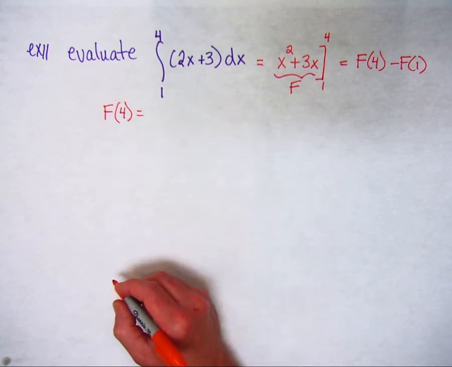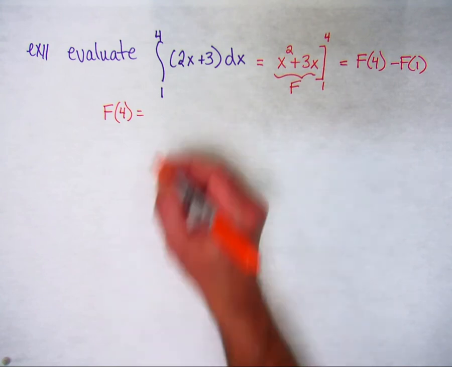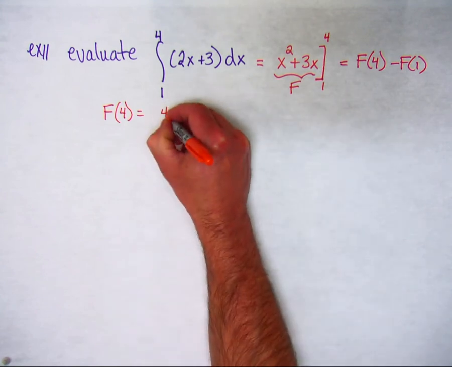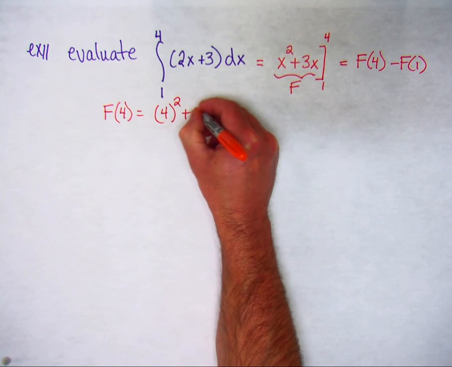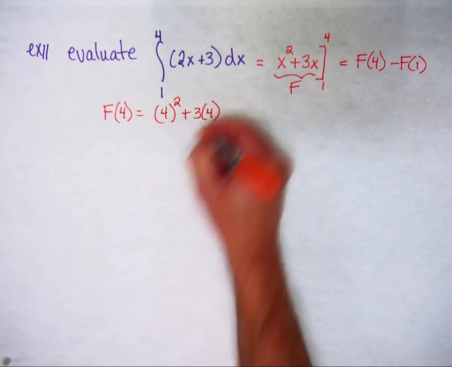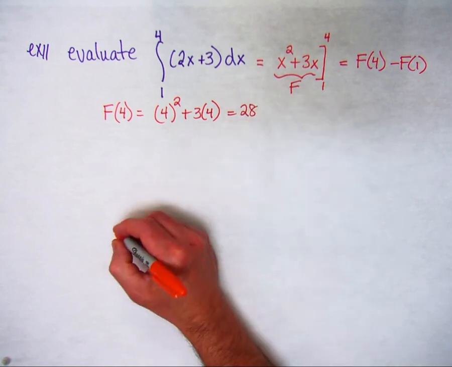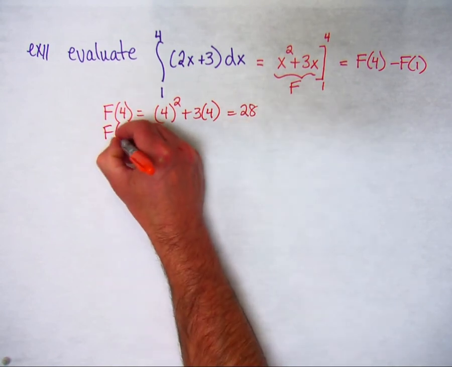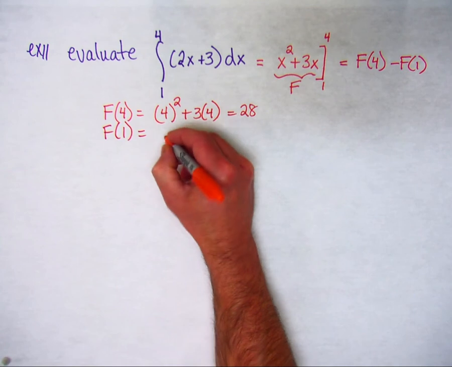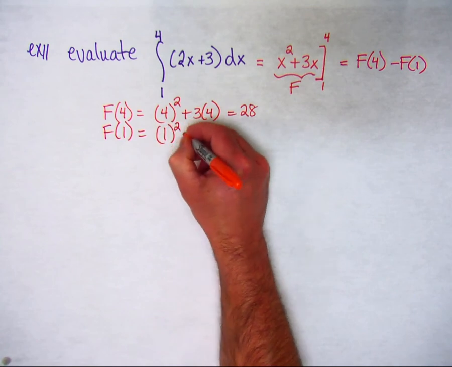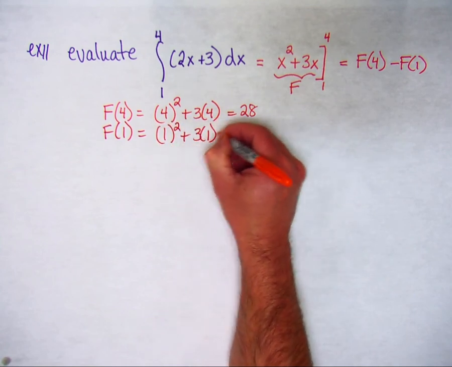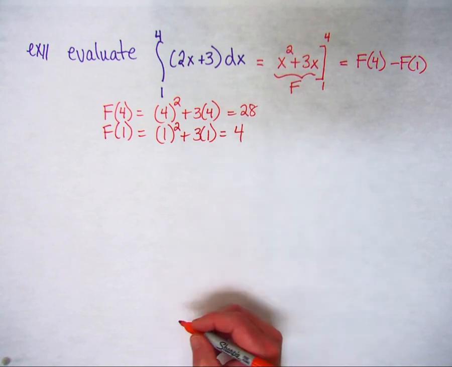So you start by finding the antiderivative F at the point 4. So that means you simply substitute the number 4 into your antiderivative. So that would be 4 squared plus 3 times 4, which will give us a value of 28. Then you calculate the antiderivative at the value of 1, which would be 1 squared plus 3 times 1, which is 4.